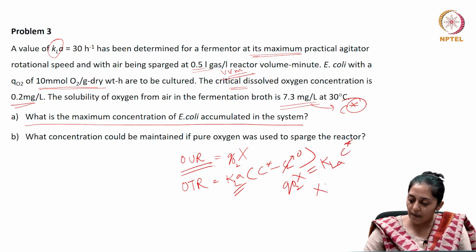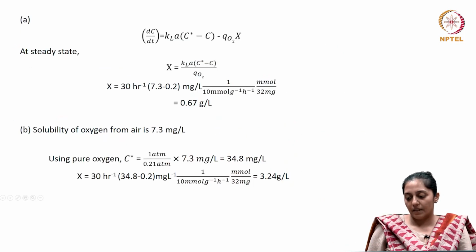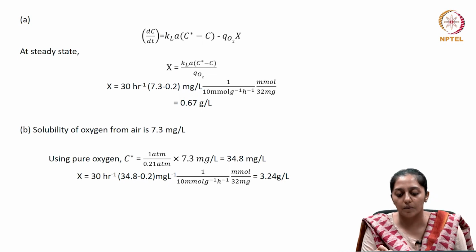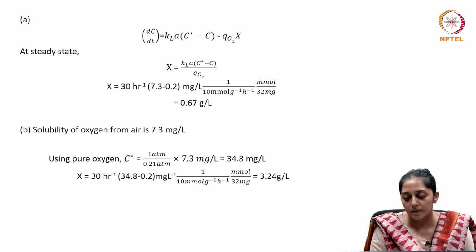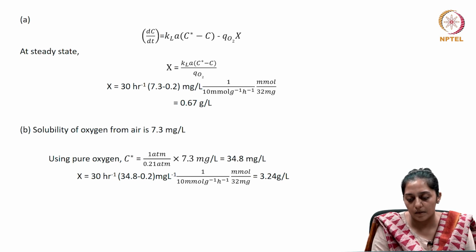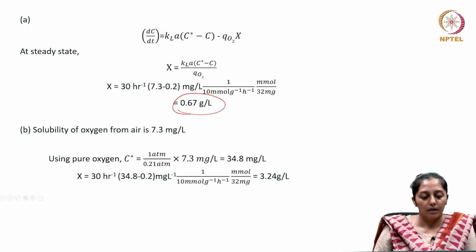So, your X maximum possible which can be supported can be calculated when you know KLa, C star and the specific oxygen demand. So, this is what has been done here, at steady state, making the units consistent. The biomass possible is found to be 0.67 grams per liter.